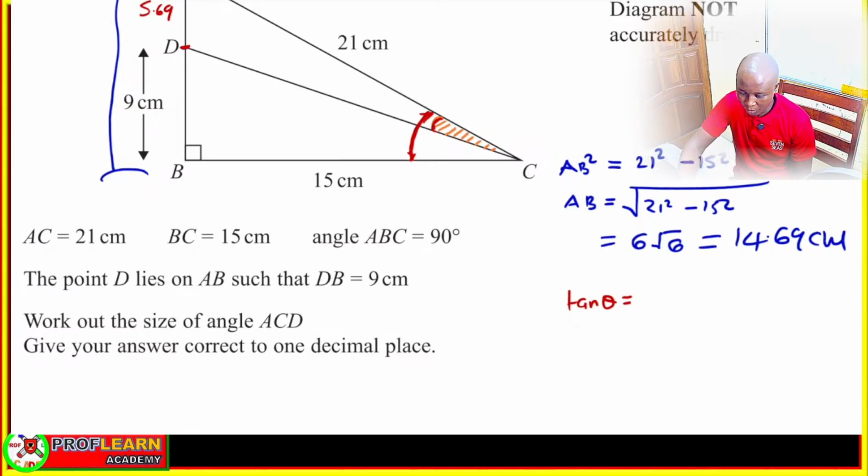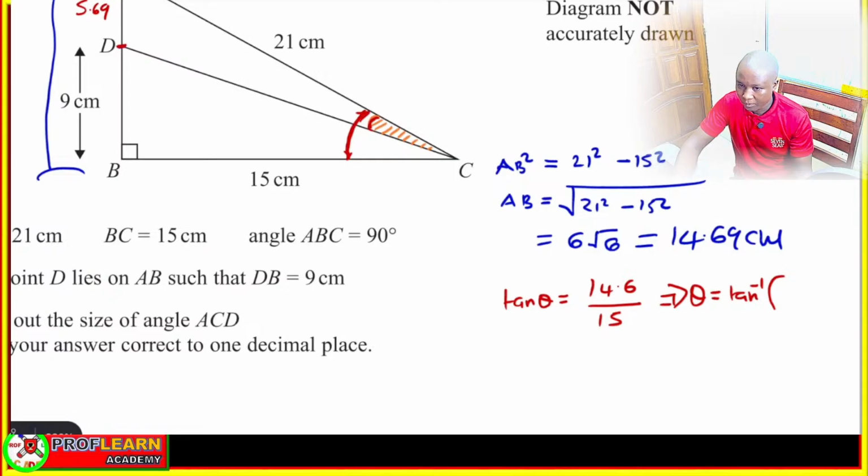So that's going to be opposite, which is 14.69, divided by adjacent, which is 15. And this implies that theta is going to be tan inverse of 14.69 divided by 15.